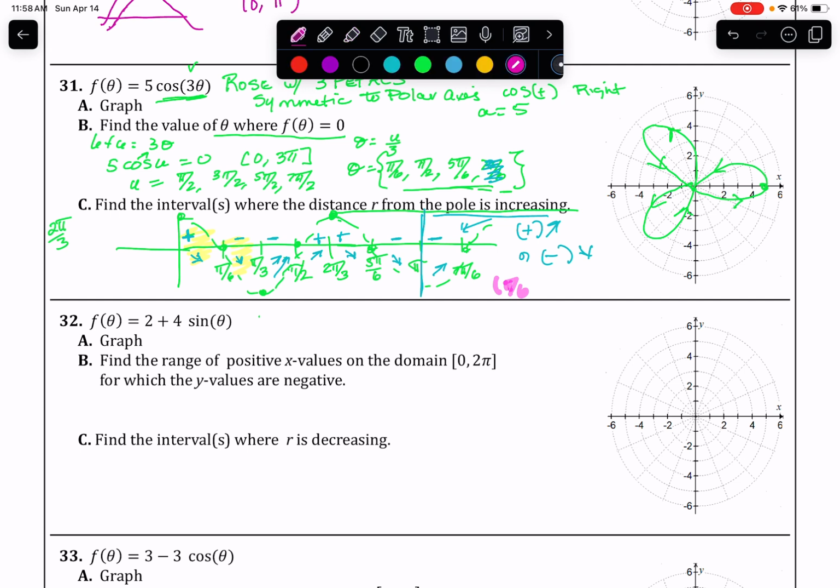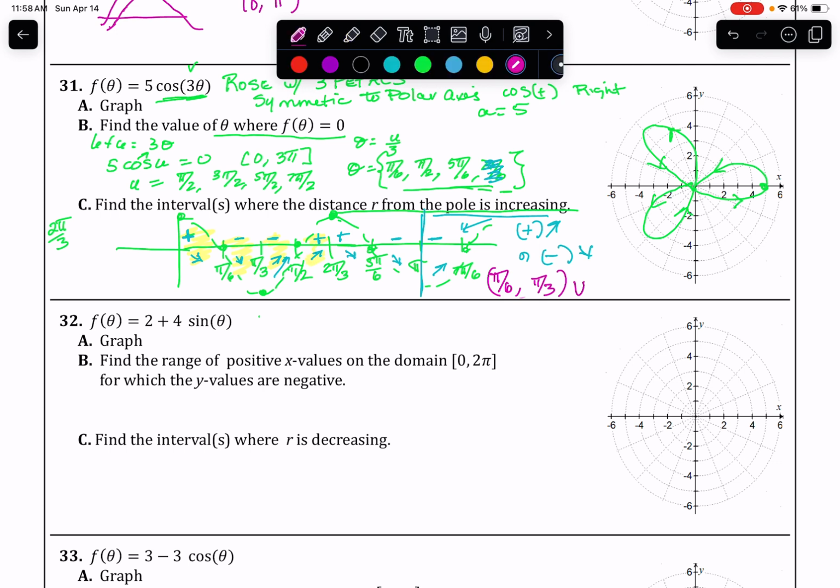Sorry, I did it in my highlighter instead of my pen. Pi over 6 to pi over 3 would be one place. Now let's keep going. Negative increasing, no. Positive increasing, no, yes.